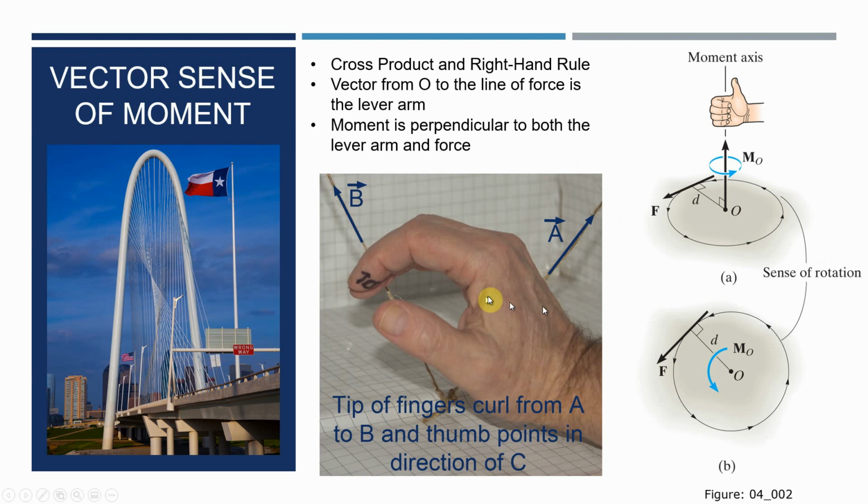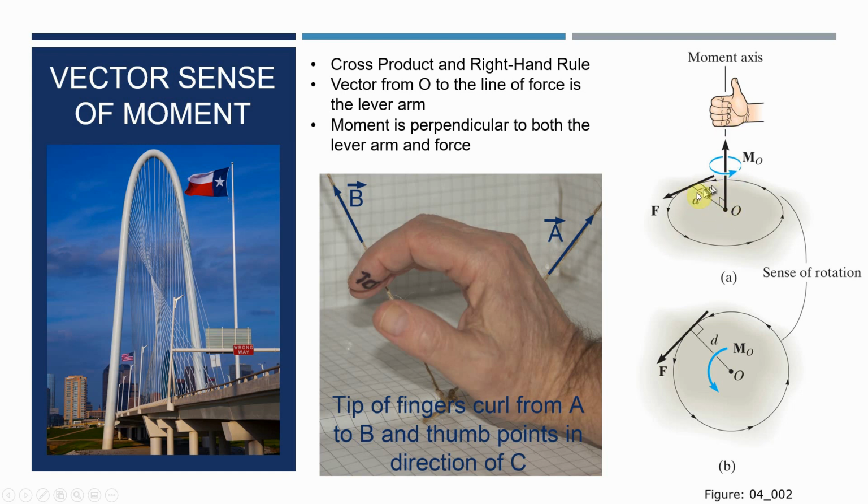Here is the right-hand rule. So far we've talked about magnitudes, so let's get into the vectors. Here's a picture where you have your lever arm going out like so, and the force going like this.